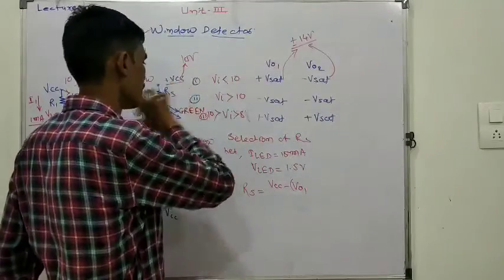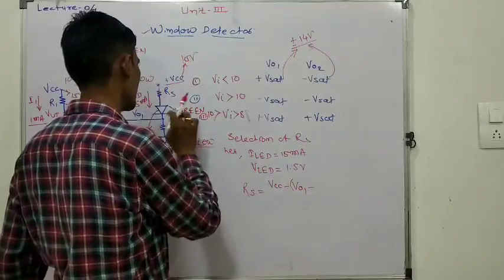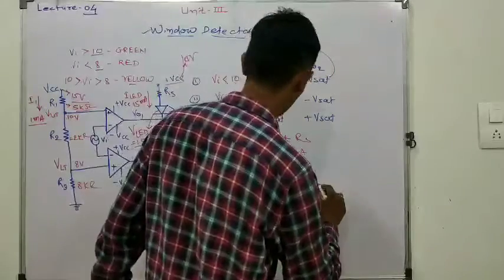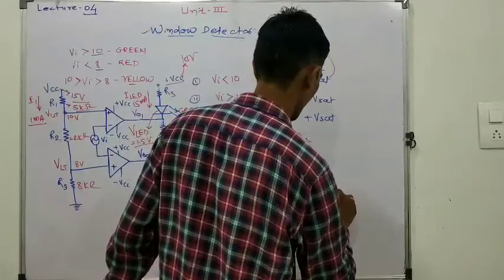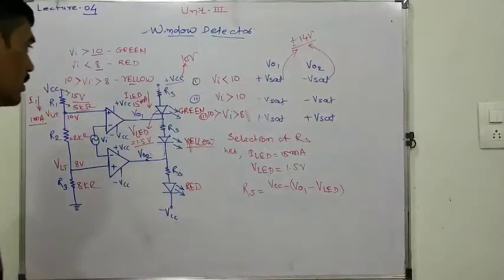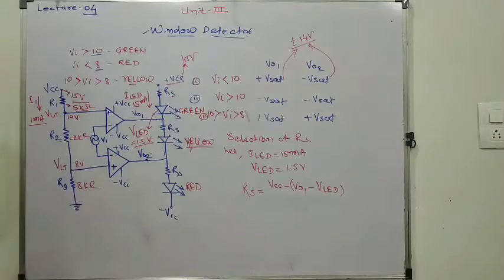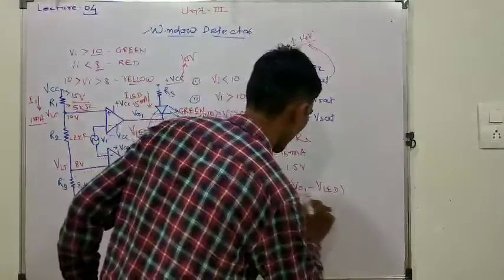So this is VO1 minus the voltage drop across this, that is VLED. That is to be assumed. We are assuming the value of VLED is equal to 1.5 volt.